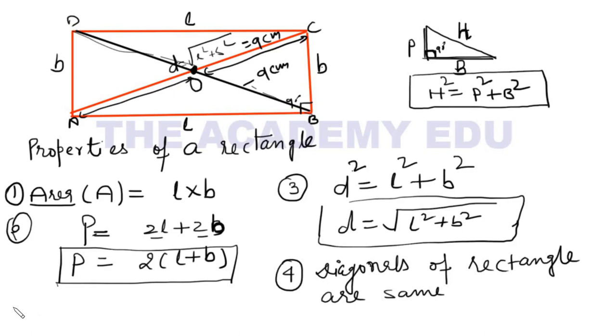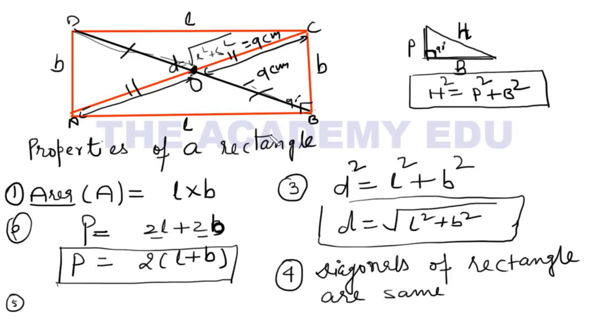So fifth point, write fifth point here. DO is equal to OB, and AO is equal to OC. It means diagonals cut equally. You can say equally, but more technically in mathematics we say diagonals are bisectors. Bi means two, sector means part.